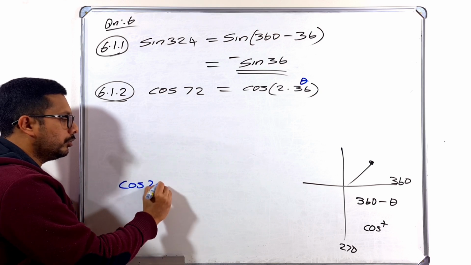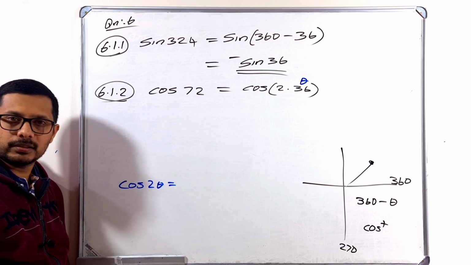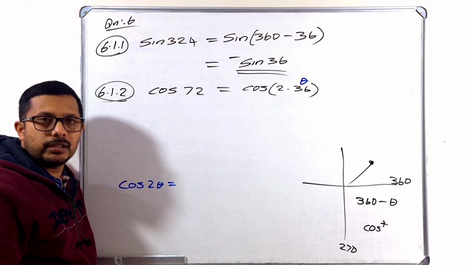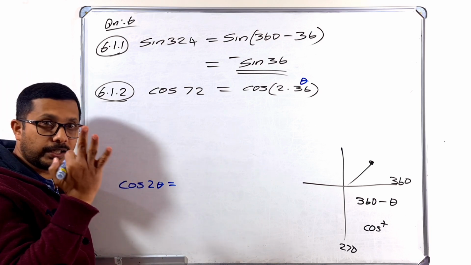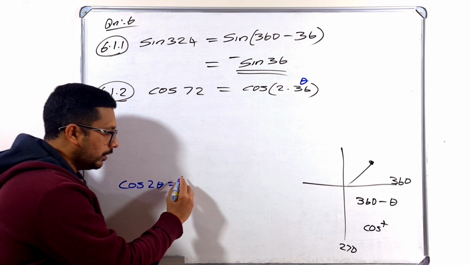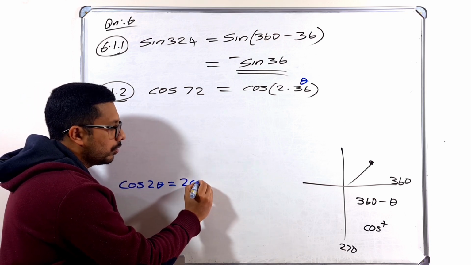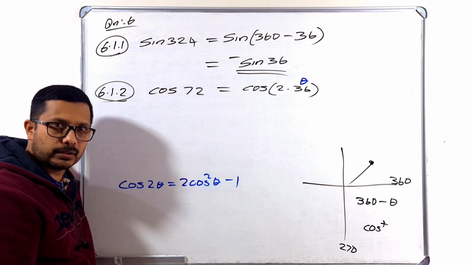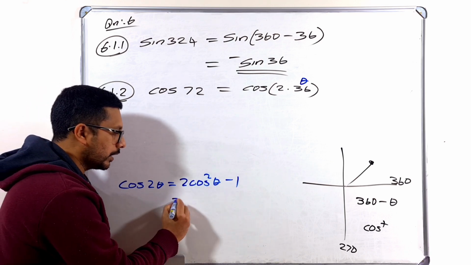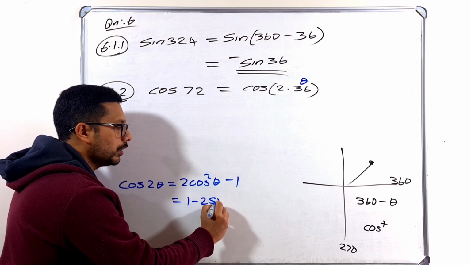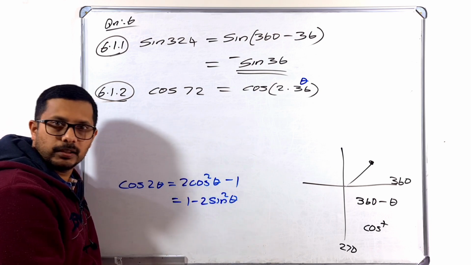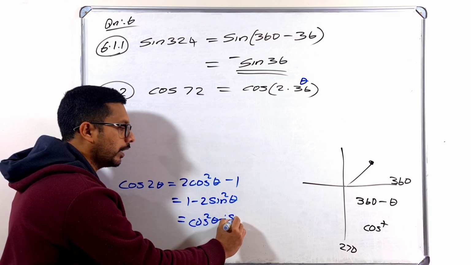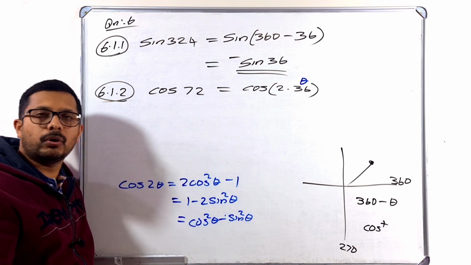Cos of 2 theta. It's a double angle. Do you remember how many expansions you studied for cos 2 theta? 3 expansions. Am I right? What are they? First one is 2 cos squared theta minus 1. You have to learn these formulas by heart. Second one, 1 minus 2 sine squared theta. Third one, cos squared theta minus sine squared theta. You have to know all these three.